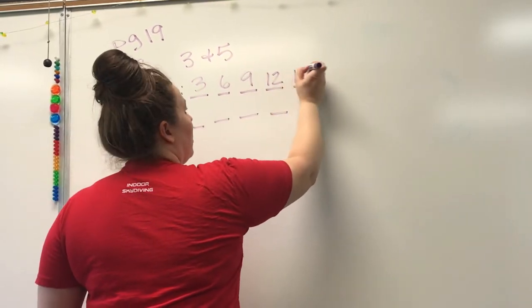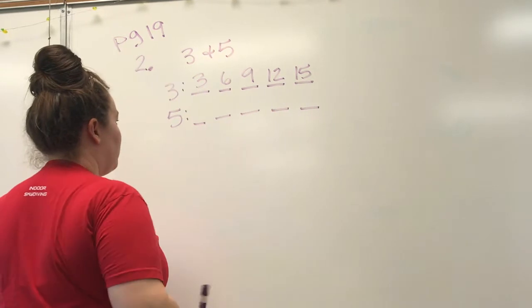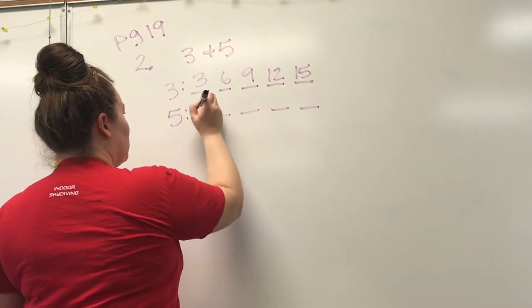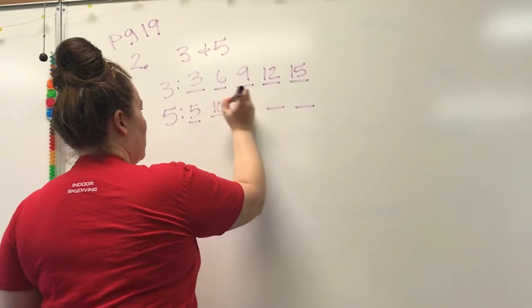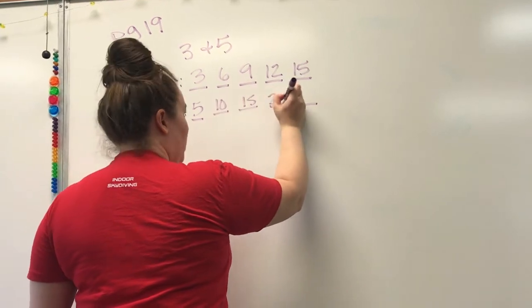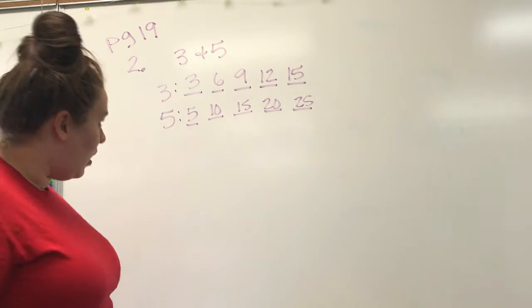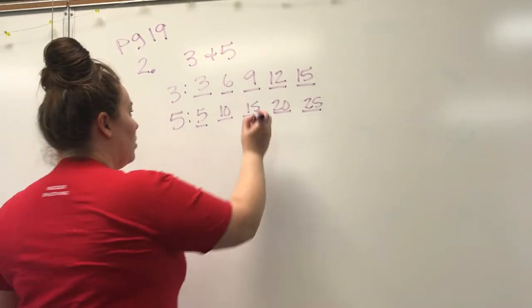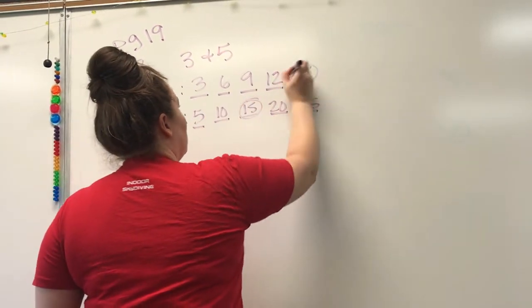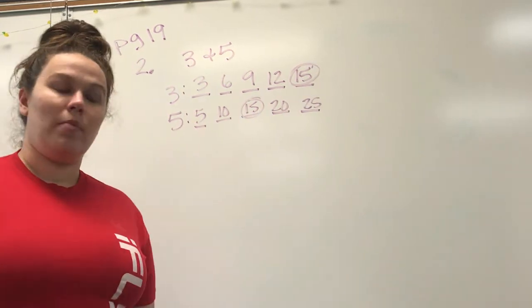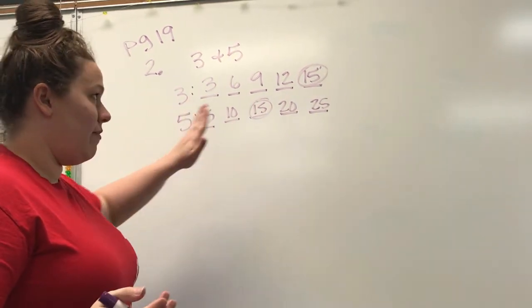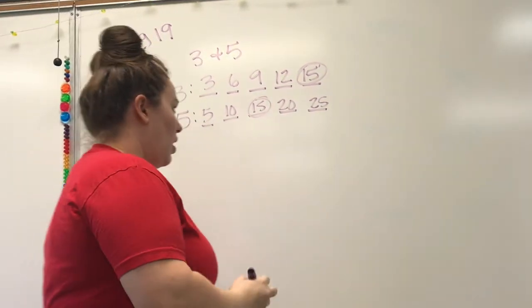And so forth and so on. 5s. 5 times 1, 5, 10, 15, 20, 25. Do they have any numbers in common? Yes, they do. They have 15. So your least common multiple of 3 and 5 is 15.